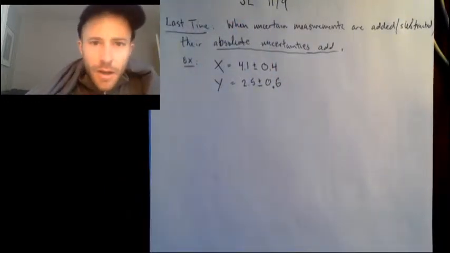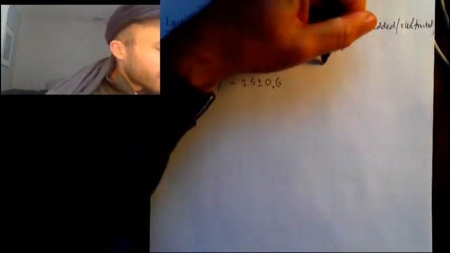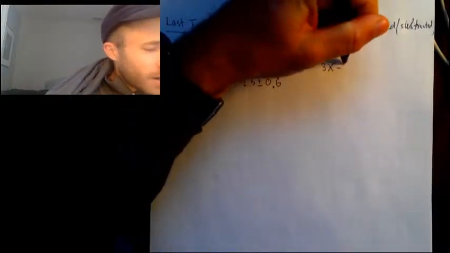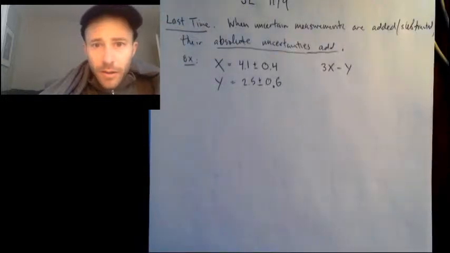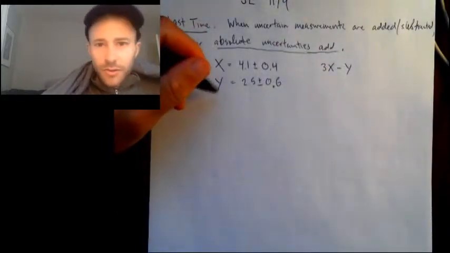Okay, and we want to quote a value for 3x minus y. Okay, so 3 is just a constant.